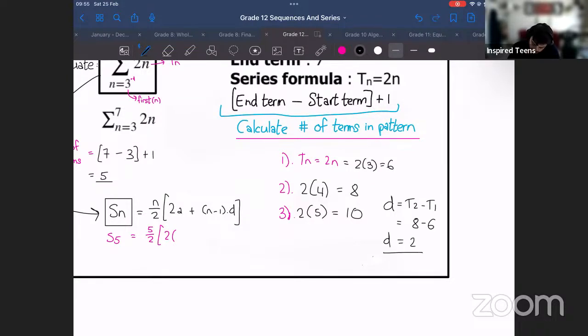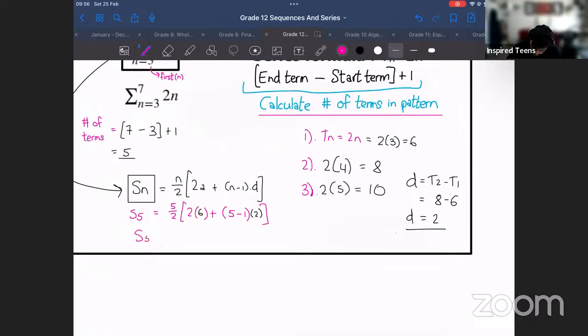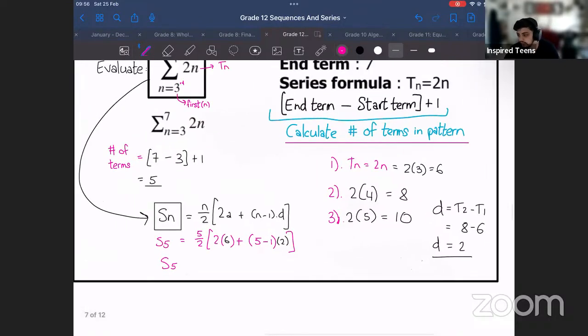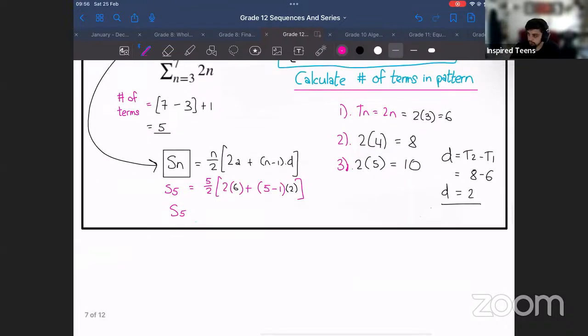The first term that I'm working with, I calculated as 6, plus n, which is 5 minus 1, times the difference I worked out as 2. When I do this calculation, I get the sum of the first 5 terms as 50, I believe.